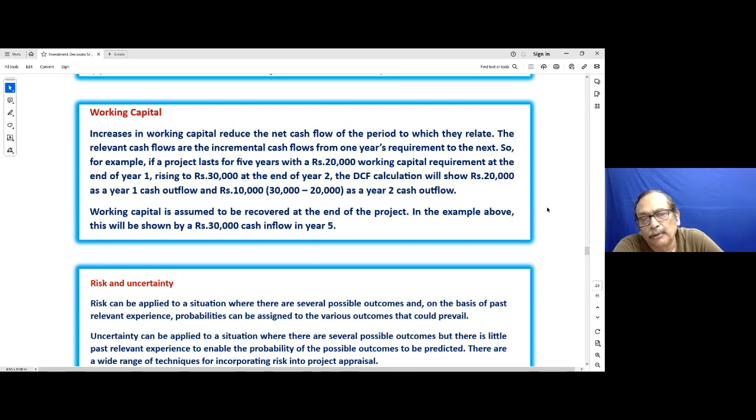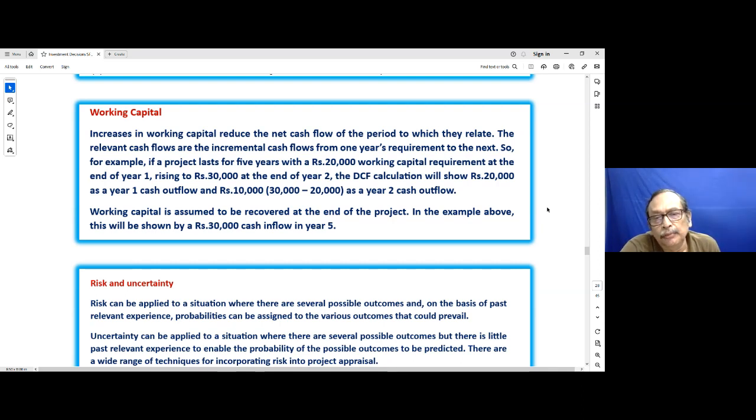Thousand working capital requirement at the end of year 1, rising to rupees 30,000 at the end of year 2. The DCF calculation will show rupees 20,000 as year 1 cash outflow and rupees 10,000, that is 30,000 minus 20,000, as year 2 cash outflow.